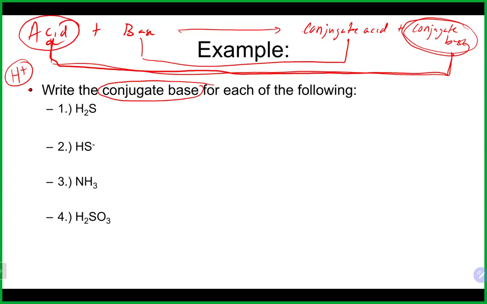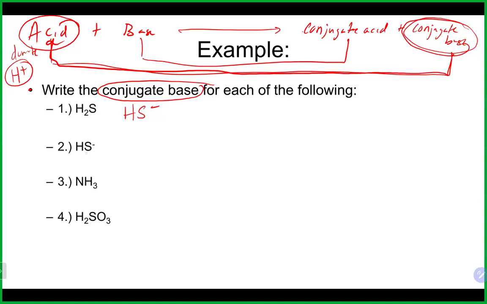So in this case, we should actually take an H plus off of each of these here because we are looking at basically acids. So that means we're going to take off an H plus here, which means we lose one H. And again, we were neutral and we also lost the positive. So we become one more negative in this case.